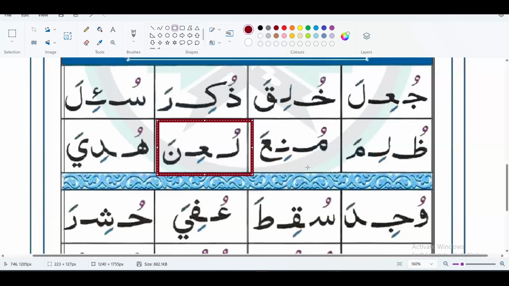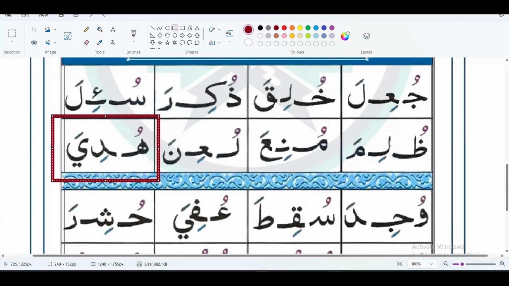No, ta always has two dots on top. This is the same letter you read before. Oh, lu e ma na. And this is the letter we were talking about. Is it fu?